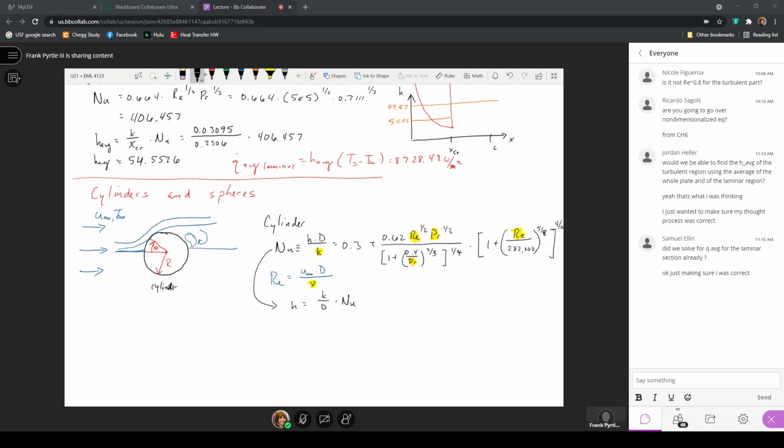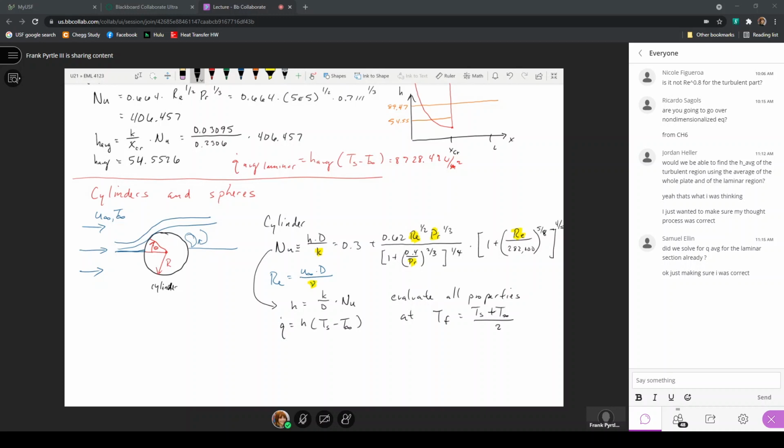That will give you the average heat transfer coefficient, so that the heat flux is just this heat transfer coefficient times the temperature difference between the surface and the free stream temperature of the fluid. Now, for all of these properties, the kinematic viscosity, the Prandtl number, and the thermal conductivity, we evaluate all the properties at the film temperature, which is just the surface temperature plus the ambient or free stream temperature divided by 2.